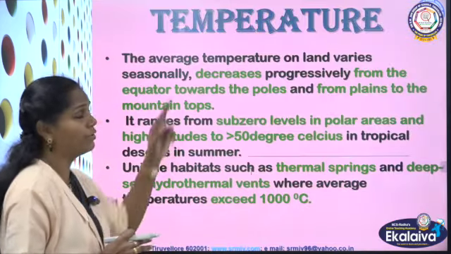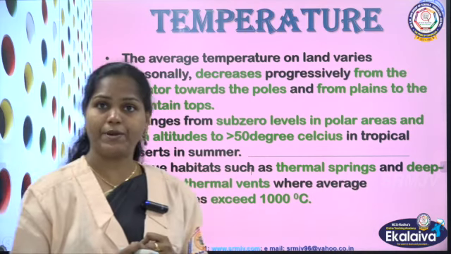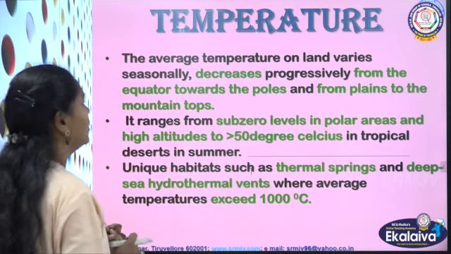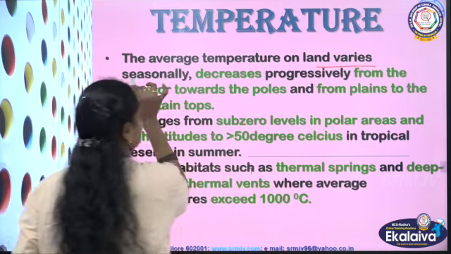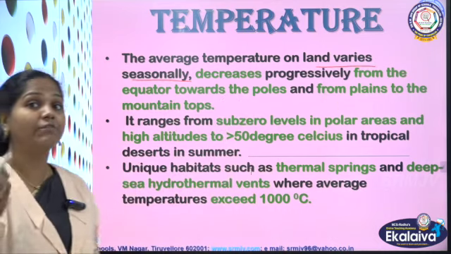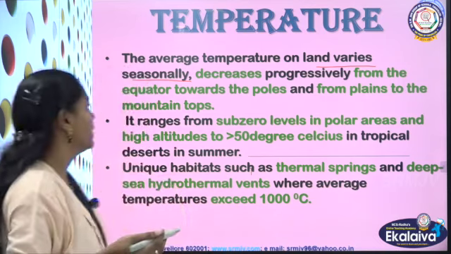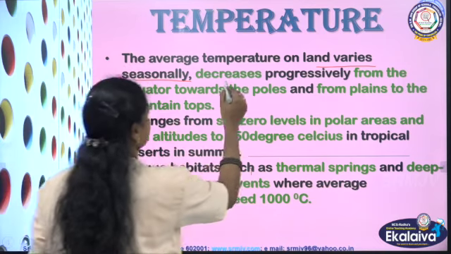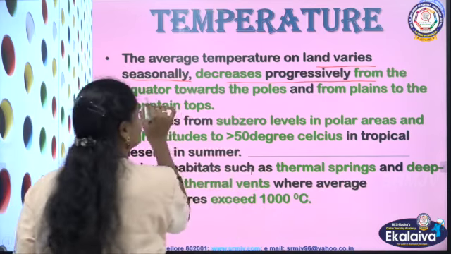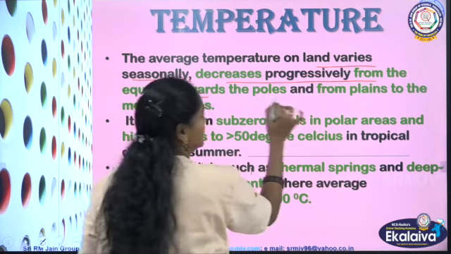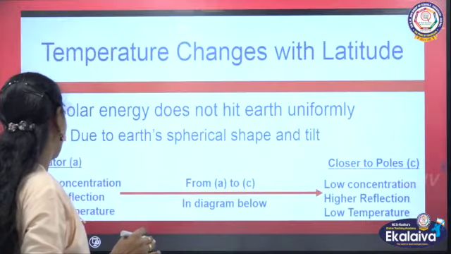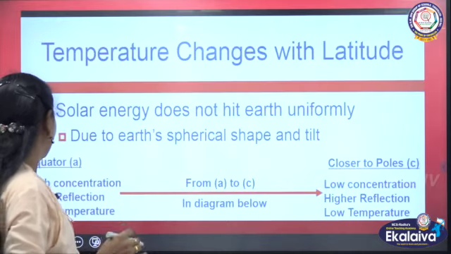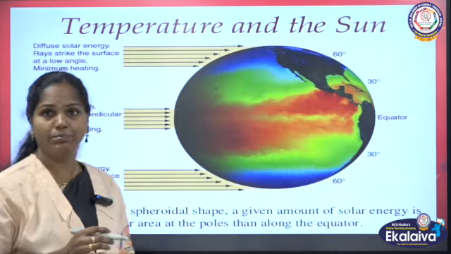The first one we are going to discuss is temperature. You all know that temperature on land varies seasonally, and it decreases progressively from the equator towards the poles. You have already learnt about this in geography.